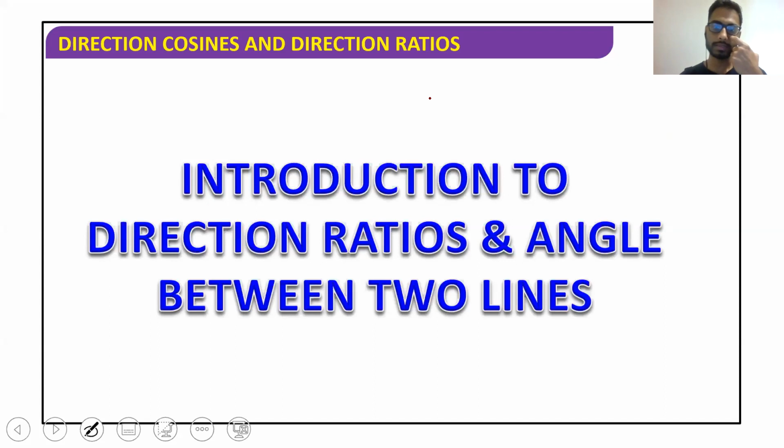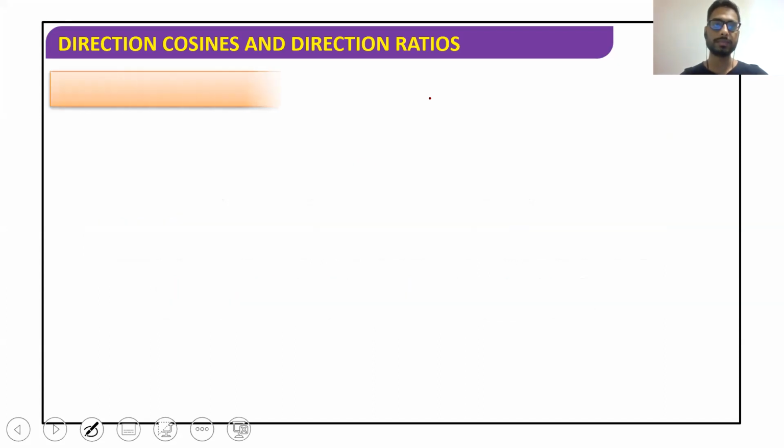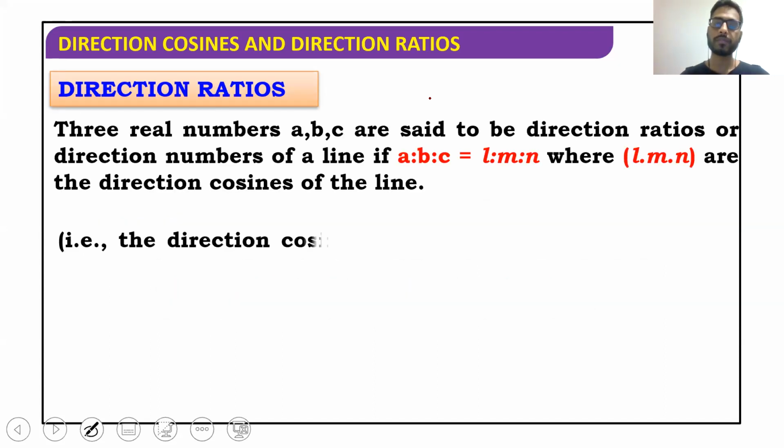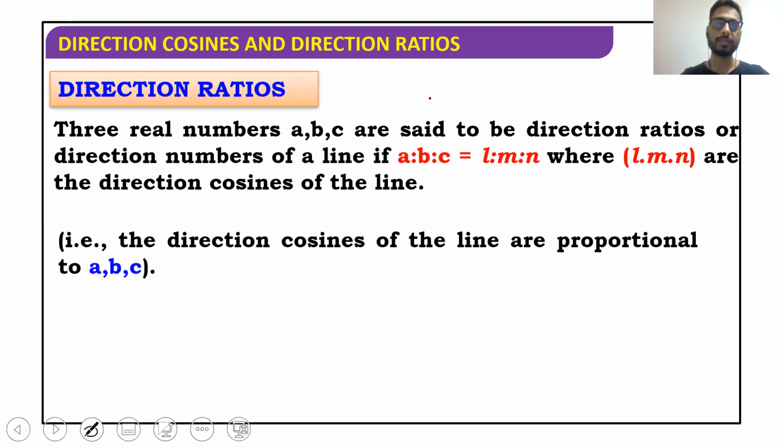Introduction to direction ratios and angle between two lines. Direction ratios. If I have direction cosines as L, M, and N, I can multiply L, M, and N with any constant term throughout. The ratio would still be the same. Suppose after multiplying by lambda, I get A is to B is to C, that ratio would be constant.